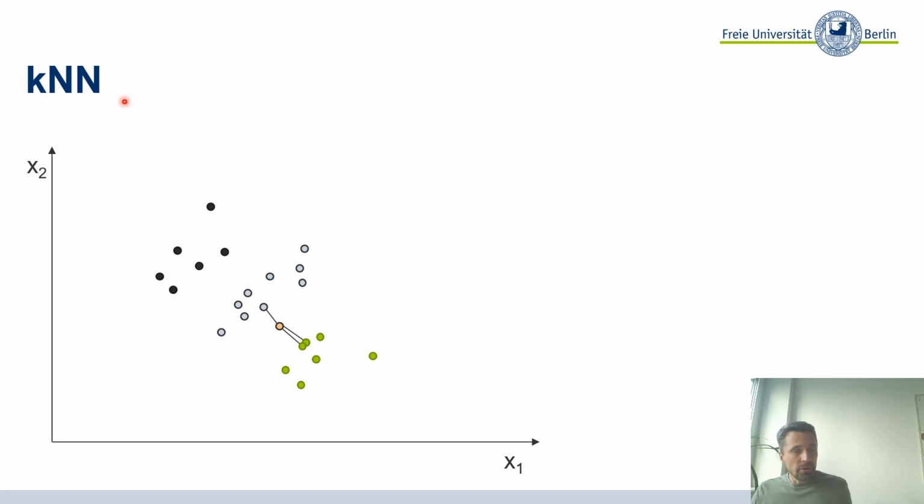And k-nearest neighbors classified an incoming unknown point by looking at the distances to all points in the data set. For example, this point here would have been classified by a 3 nearest neighbor classifier as a green point because 2 of the nearest neighbors were green.